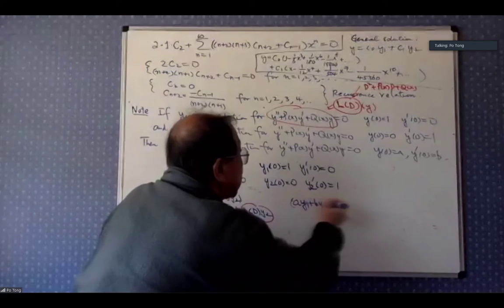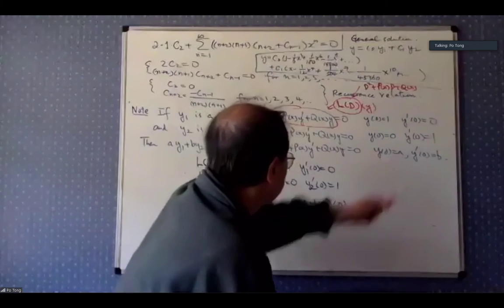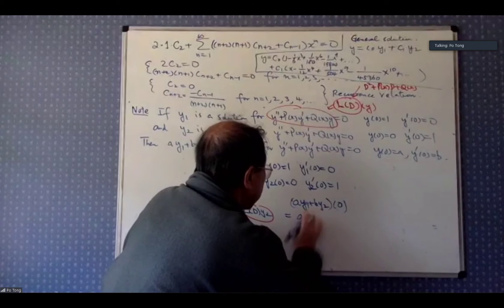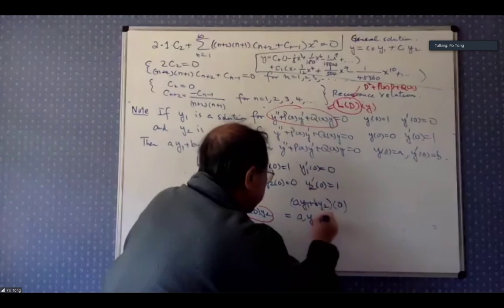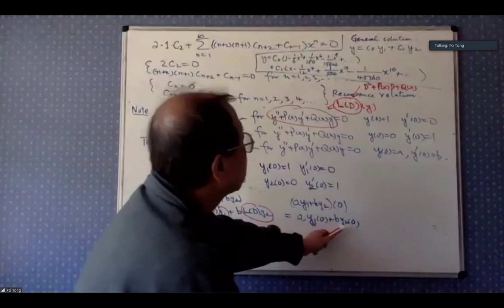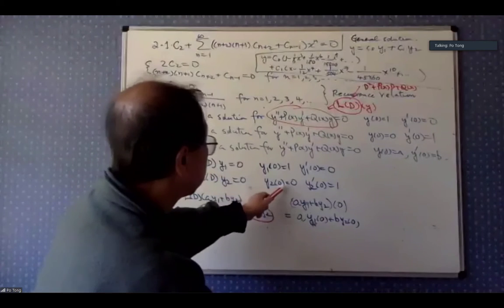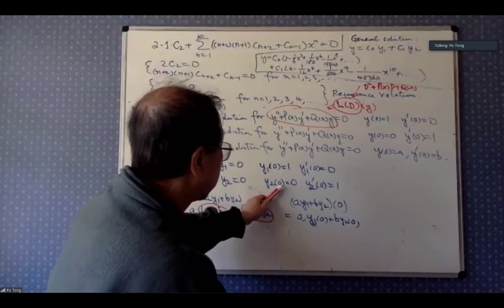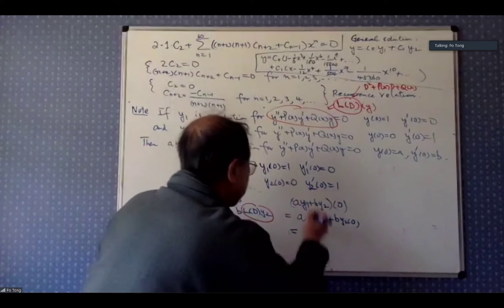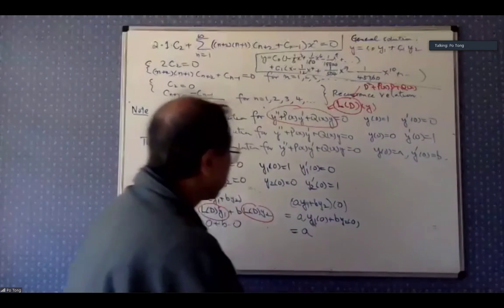At 0, we want to make sure it's equal to A. It is, because this is A times y1(0) plus B times y2(0). y2 at 0 is 0 and y1 at 0 is 1, so this is just A. It's exactly what we want.